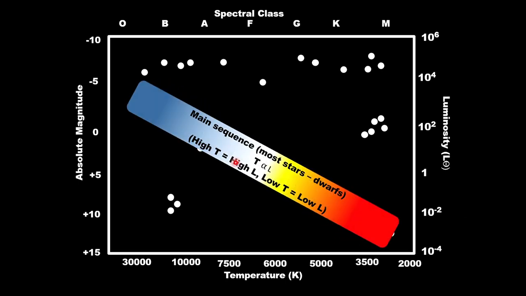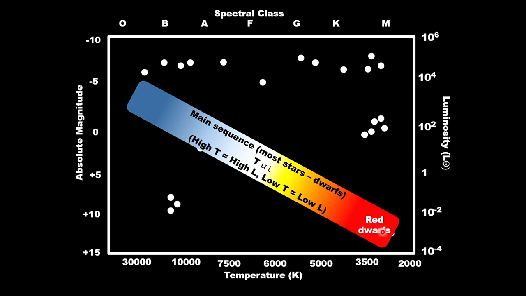We've already met the main sequence that does follow that expected relationship where temperature is directly proportional to luminosity. The higher the temperature, the higher the luminosity. The lower the temperature, the lower the luminosity. And so the band goes from the top left to the bottom right. On the main sequence at the very bottom, the stars there are called red dwarfs, because they're a cool red color, and they're also very, very small.